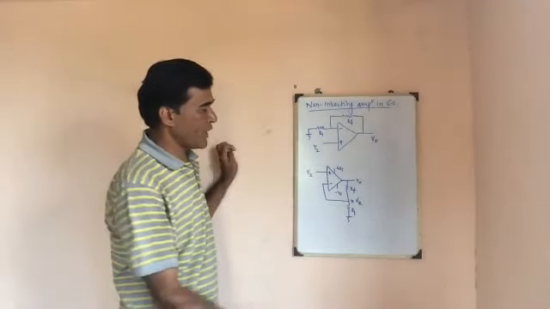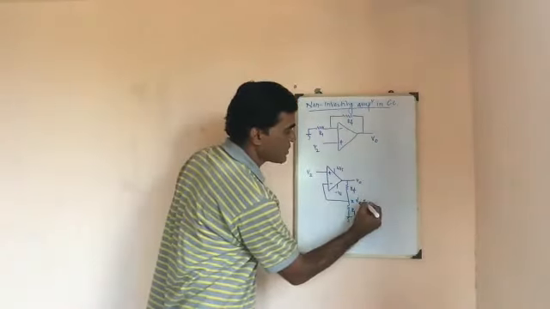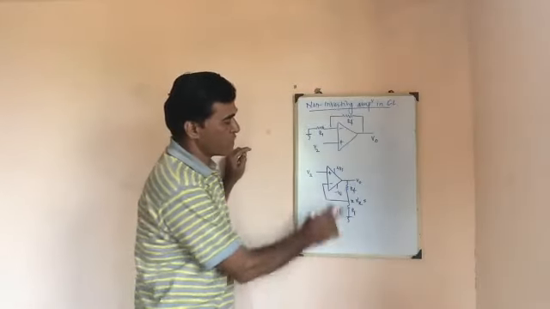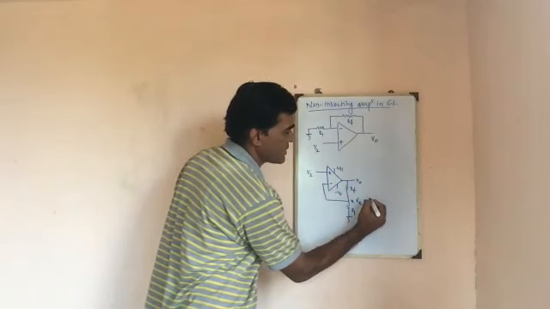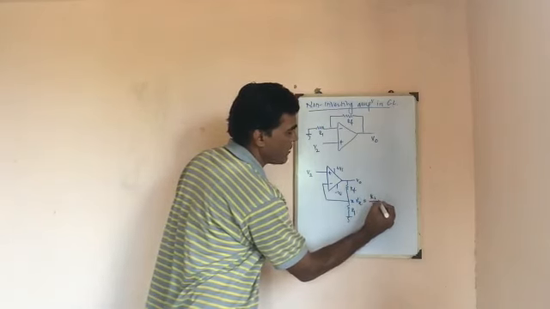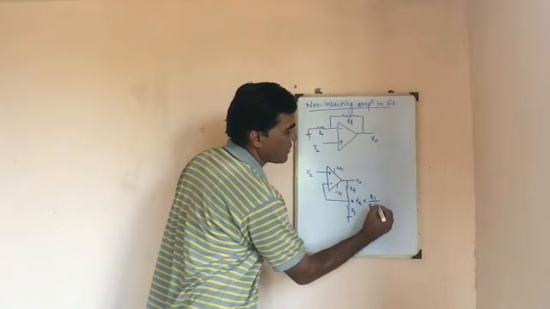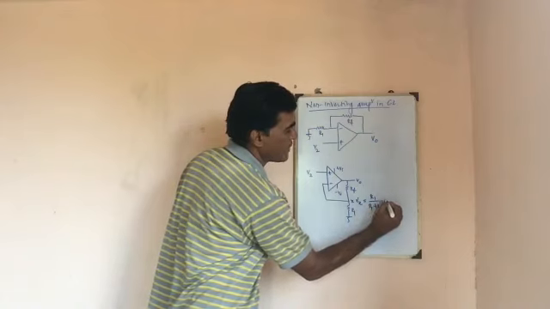Now from this circuit I can write the expression for Vx by using the voltage divider circuit. The voltage Vx can be given as R1 divided by R1 plus Rf multiplied by Vout.